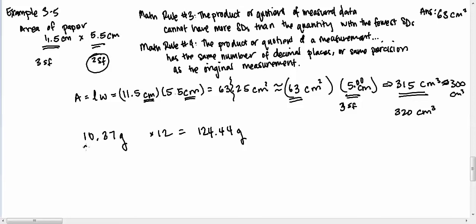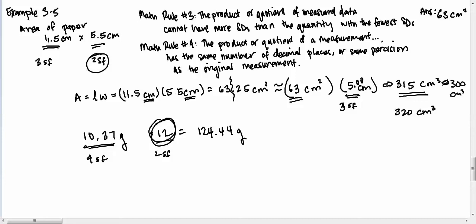You see, this number over here has 4 sig figs, whereas this number over here you would think has 2 sig figs. But the thing about it is, this number right here is not a measurement. I didn't measure 12. I just counted out 12. I know that there are precisely 12.